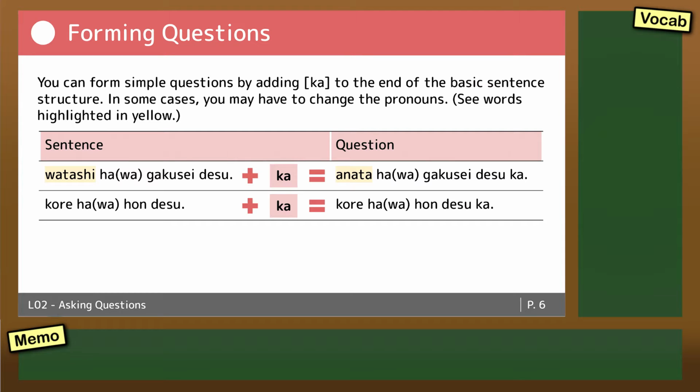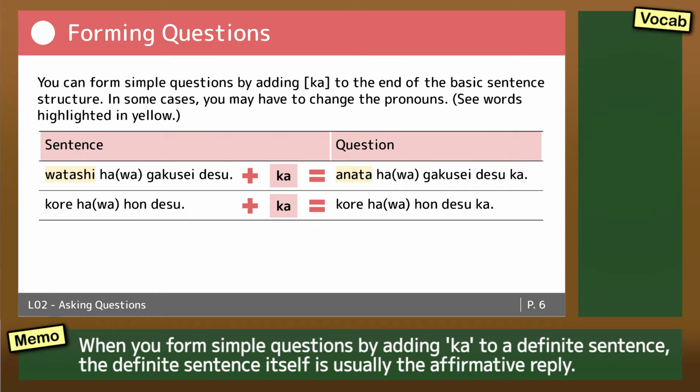It is easily observed that although questions can be created by adding ka at the end of sentences, the definitive sentence itself is usually the affirmative reply to the question. For example, これは本ですか? Is this a book? これは本です. This is a book.